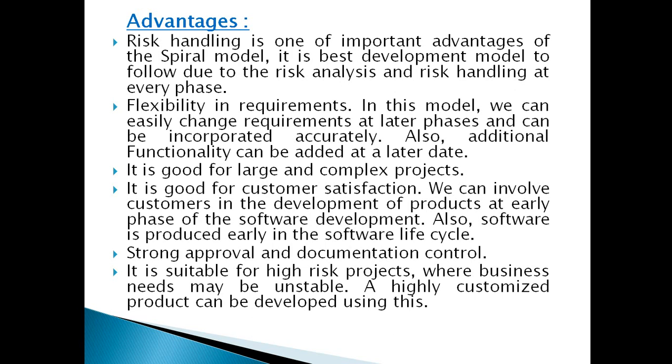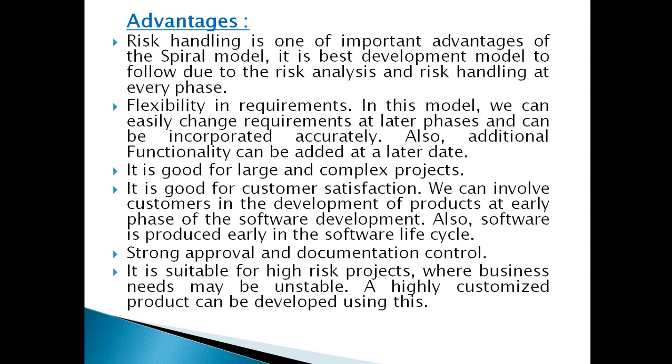The second one is flexibility in the requirements. In this model we can easily change the requirements at a later stage. Additional functionality can also be added at a later date. Whenever the user wants to add or change the requirements, it may be accepted.